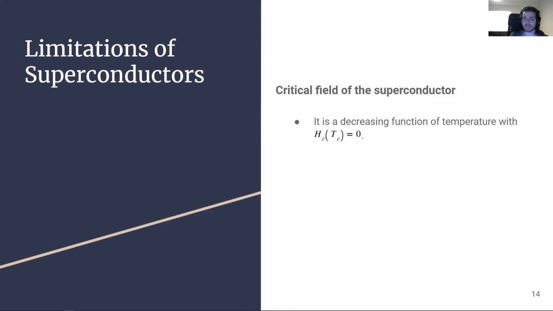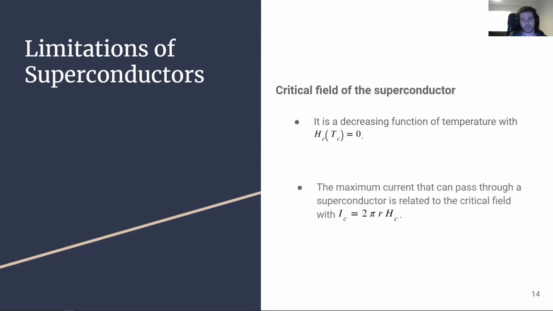So if we increase the temperature, the critical field, the field we can apply before losing the superconducting state, is also decreasing. And if we hit the critical temperature, of course, we cannot apply any magnetic field in the superconducting state. And there's a relation, as I said, which was drawn by Silsby.